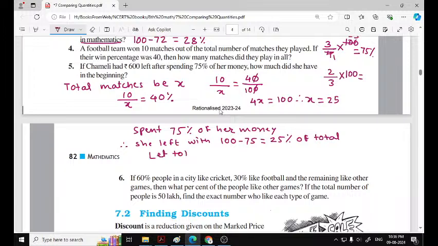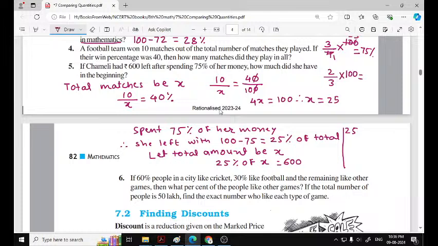Let the total amount be X. She is left with 25%. So 25% of X, and in rupees that is 600.